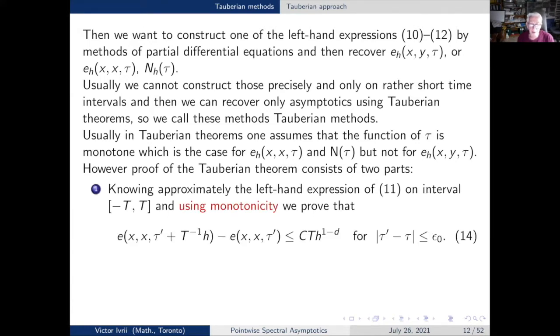Knowing approximately the left-hand expression on the interval from minus T to T, and using monotonicity, we prove the following estimate: that if you increase tau by T minus 1 h, then the increment of e_h would not be given by this form.